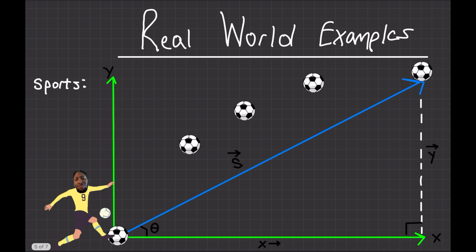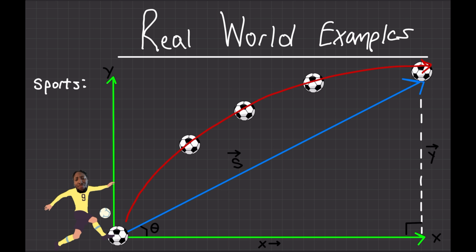So let's go into a real world example. Why are we learning this and what is it used in? So actually, it's really used in a lot of areas: aviation, navigation, sports. But for the sake of this video, we have the real world example of sports. When a soccer player kicks a ball, the force that they apply, a vector, determines how far and in what direction the ball travels. So we use this a lot in the real world.